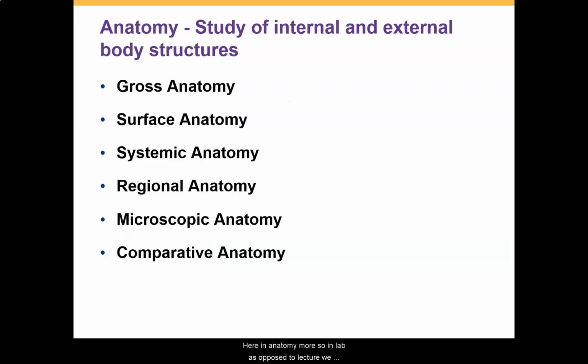here in anatomy, more so in lab as opposed to lecture, we will use comparative anatomy to gain a better appreciation of our bodies. For example, we will examine a sheep brain. By comparing the anatomy of a sheep brain to the anatomy of a human brain, we gain a better appreciation of our brain anatomy.